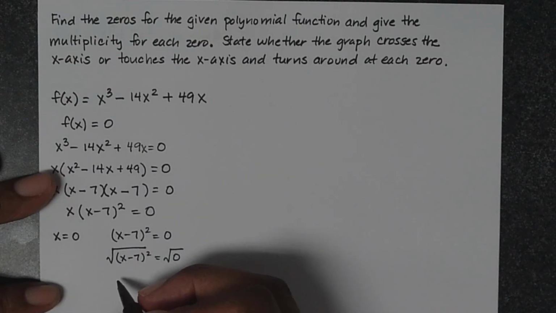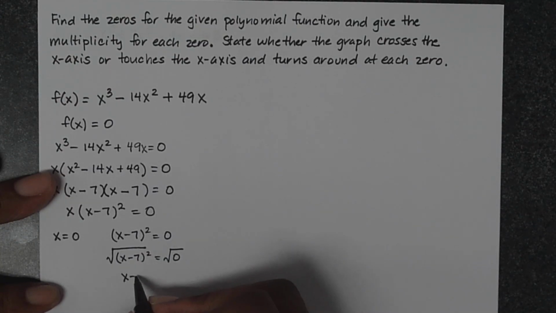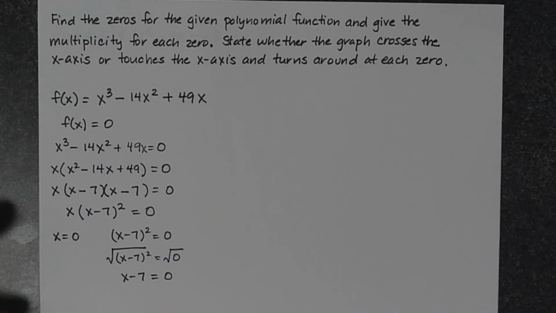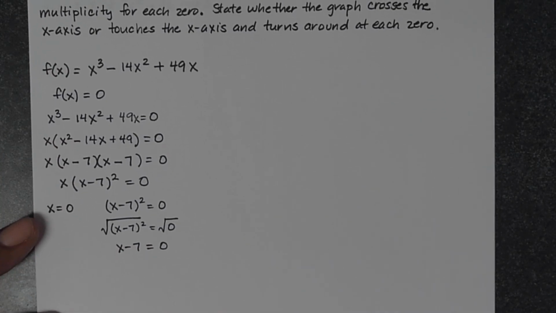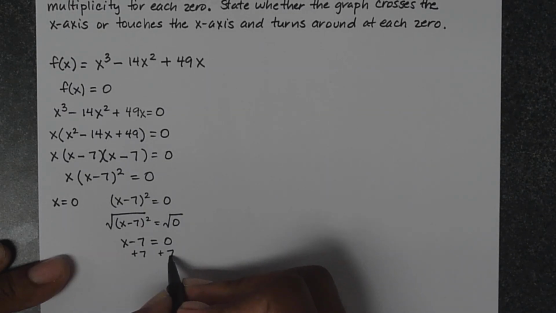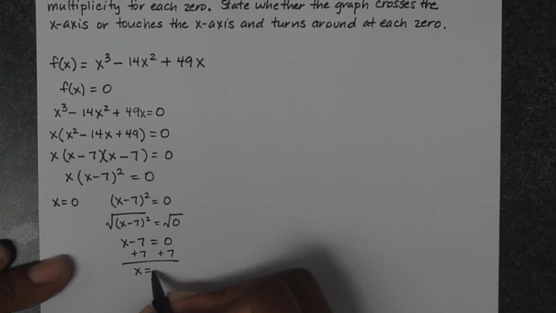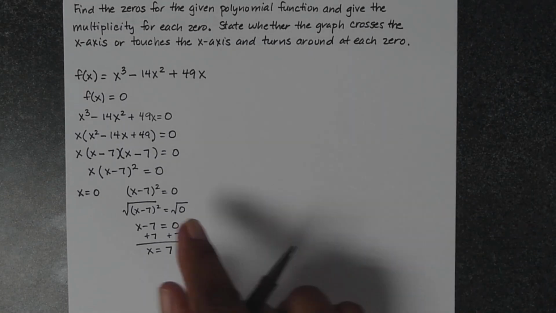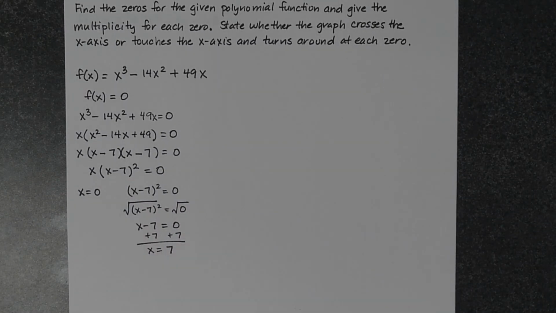The square root of (x minus 7) quantity squared ends up being x minus 7, and the square root of 0 is 0. So x minus 7 equals 0. Add 7, and you get x is equal to 7. So my zeros for this polynomial function will be x equals 0 and x equals 7. Those are the zeros for the polynomial function.